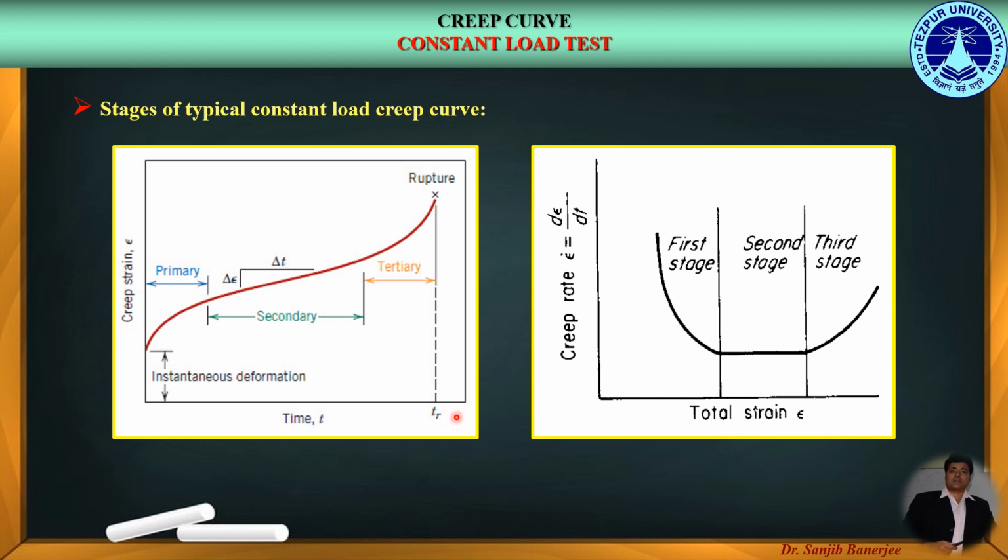Now, the slope of this curve, that is d epsilon by dt, or the strain rate, is referred to as the creep rate. If we see the creep curve, following an initial rapid elongation of the specimen, or this instantaneous deformation as denoted by epsilon dot, the creep rate decreases with time.